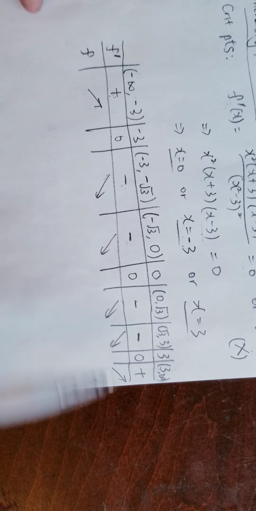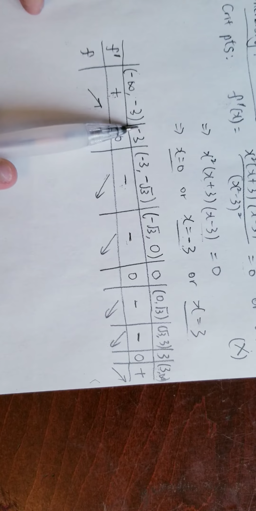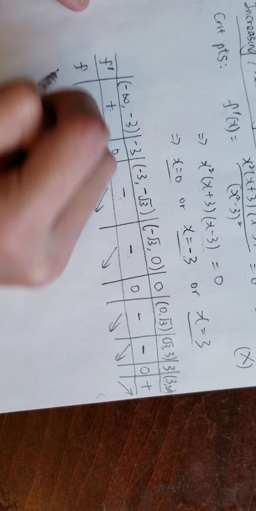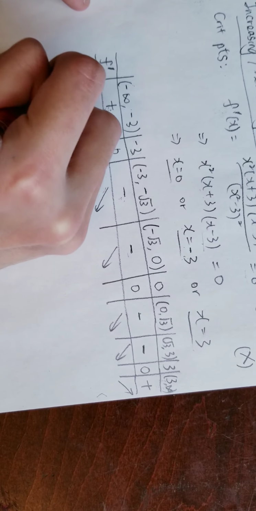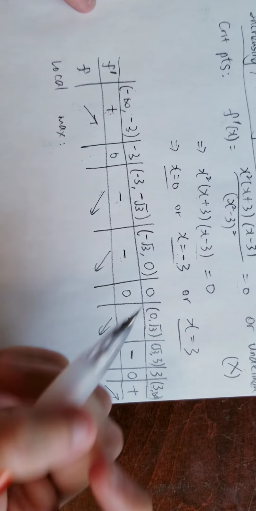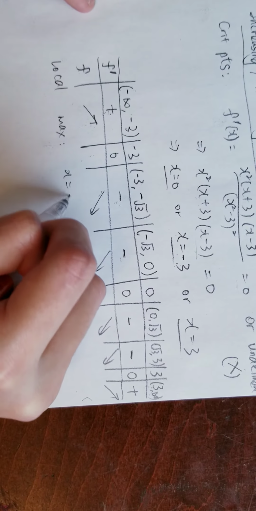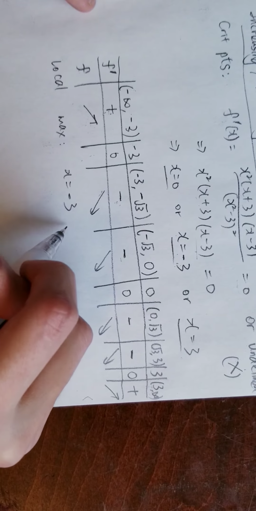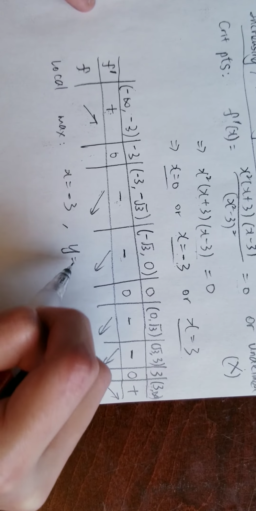So that means this point, -3, is your local max. So local max happens at x equals -3. I'll let you check the y value.